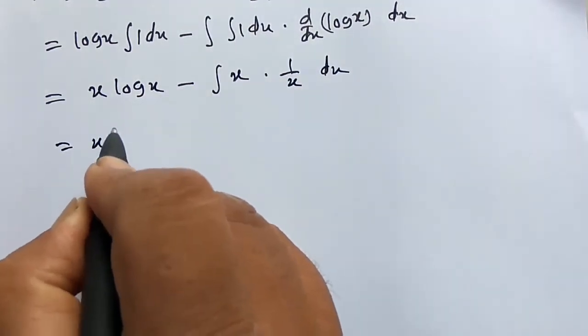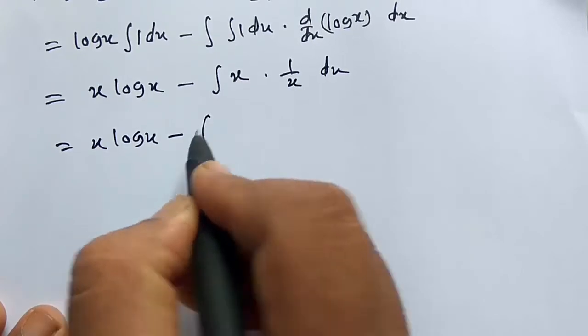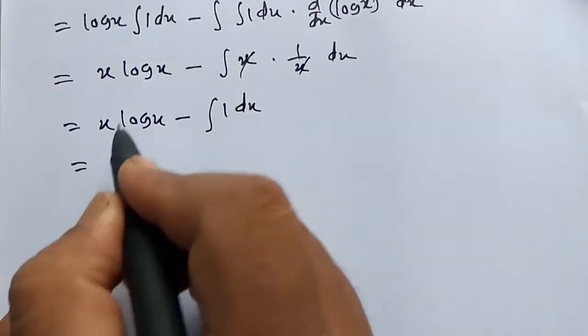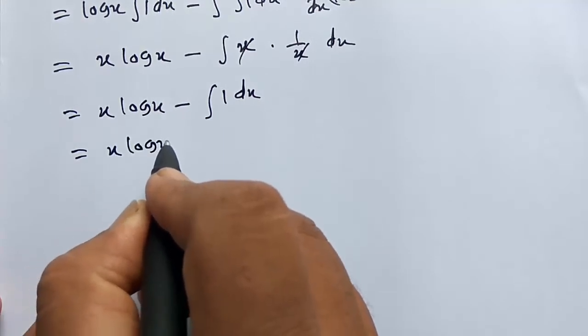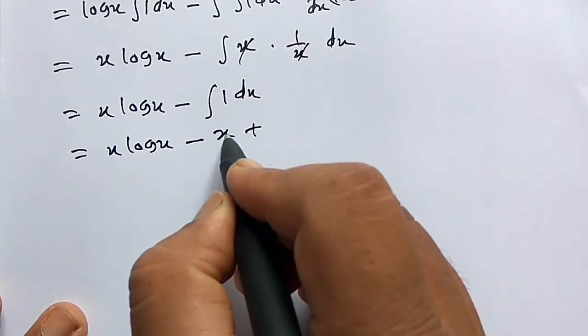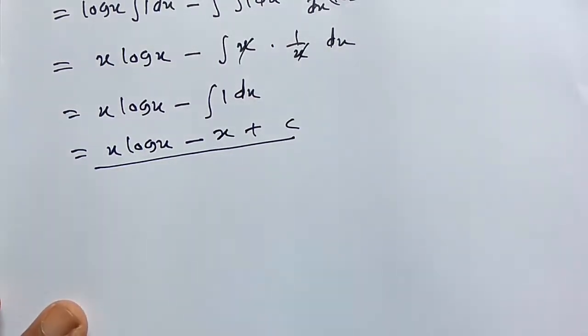So this is equal to x log x minus, x gets cancelled, 1 dx. So this is equal to x log x minus integration of x, 1 is x. So minus x plus c. So this is the answer.